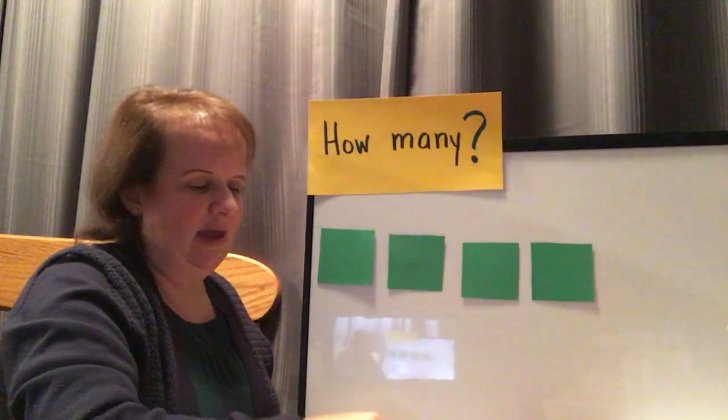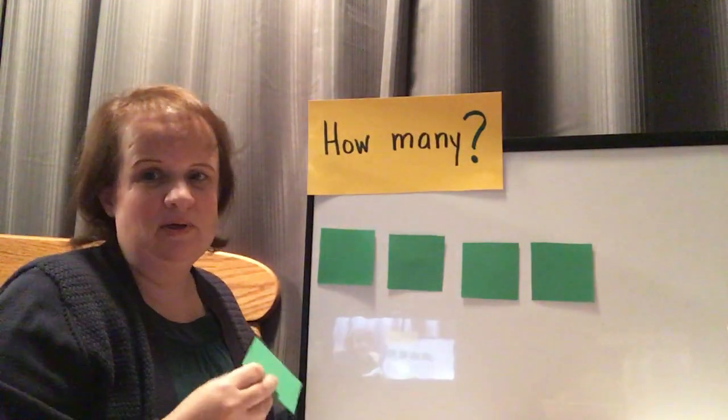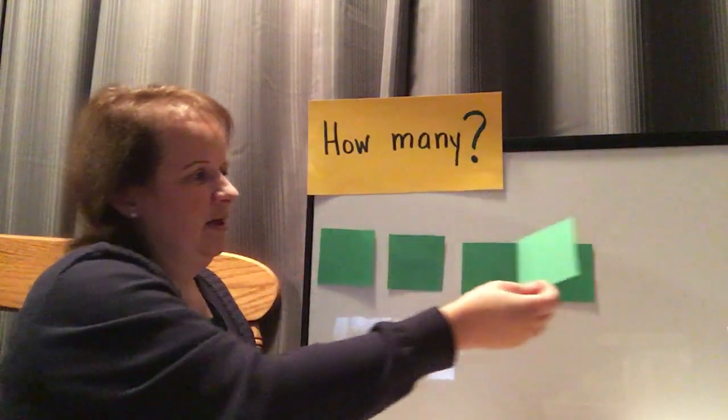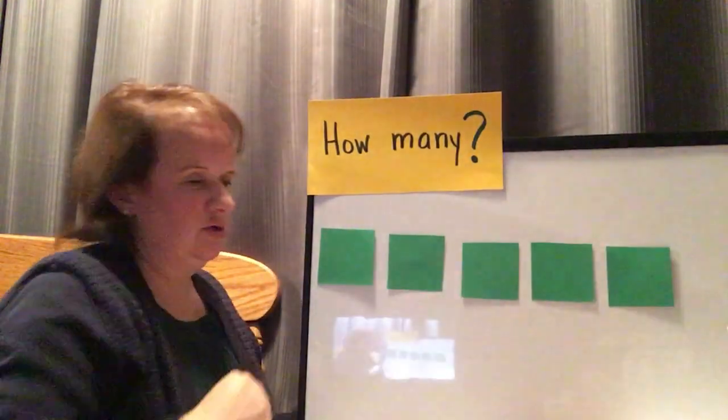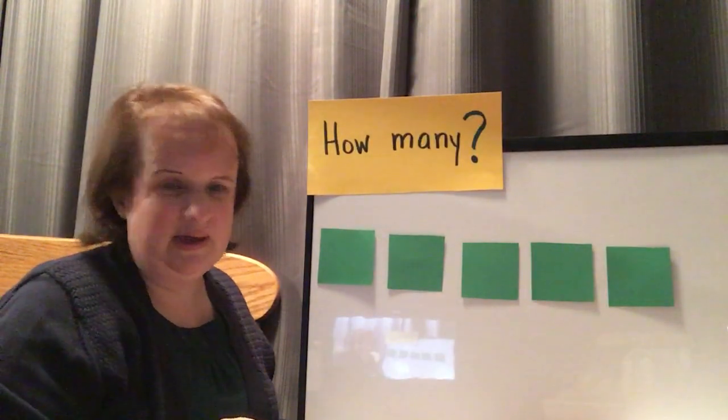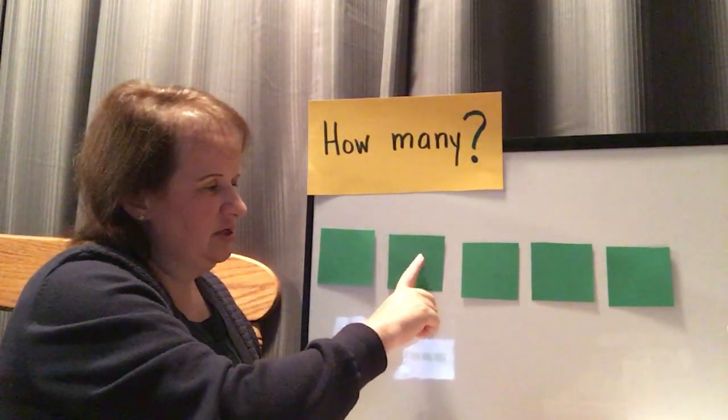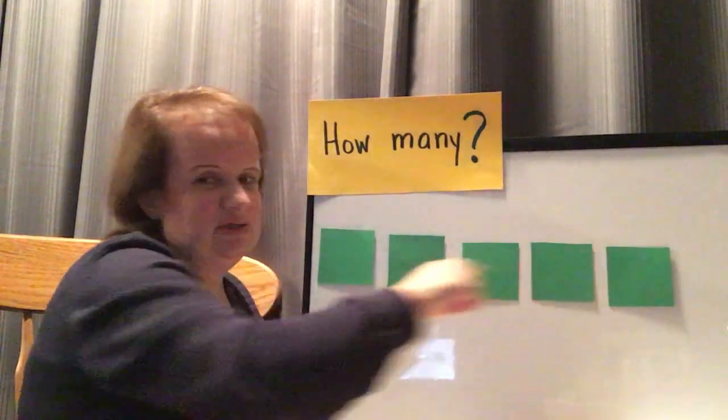Now, I'm going to add one more color tile to our group of color tiles. I'm going to add it at the end. Boys and girls, can you see how I lined up my color tiles? I put each color tile next to each other.